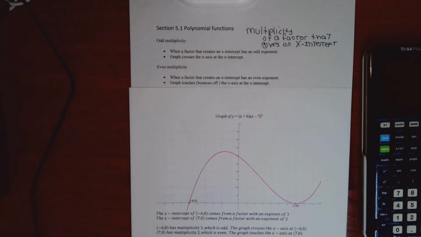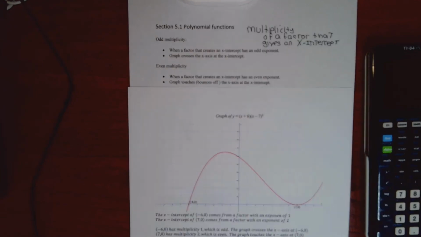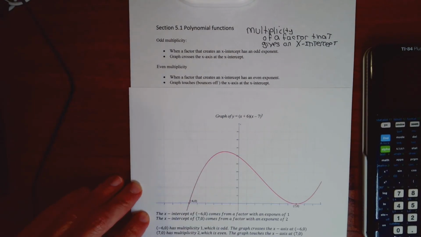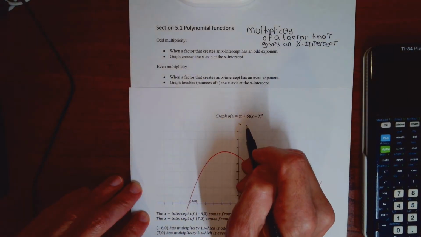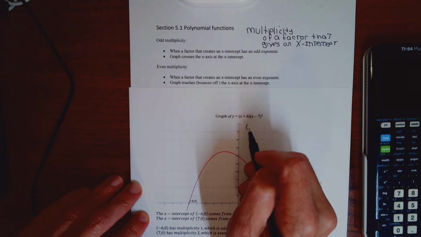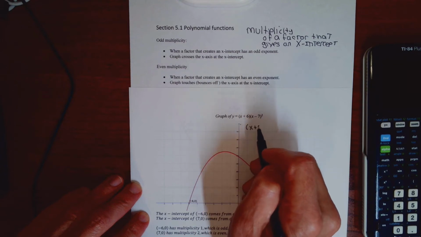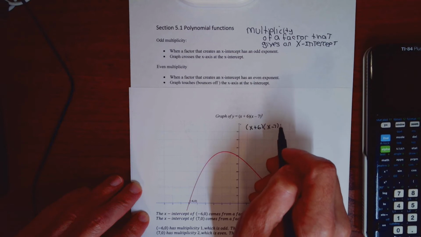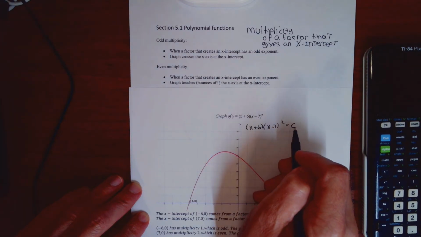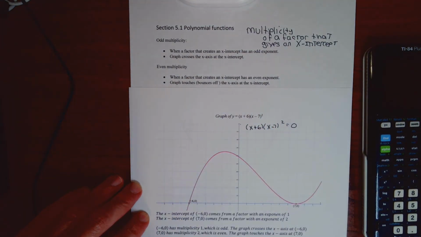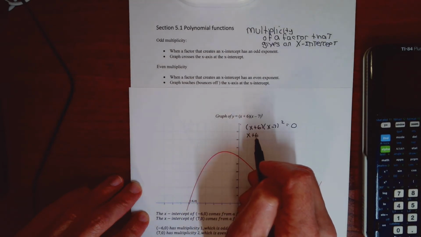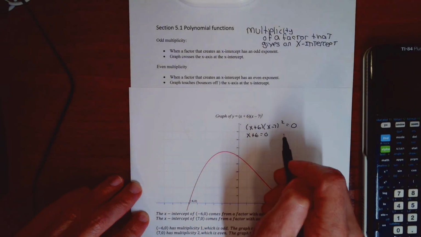In the next problem, I created a graph of (x plus 6) times (x minus 7) squared. This is going to have the same x-intercepts. To find them, you set the factored version of the function equal to 0, and it's enough just to set the insides of the parentheses equal to 0.